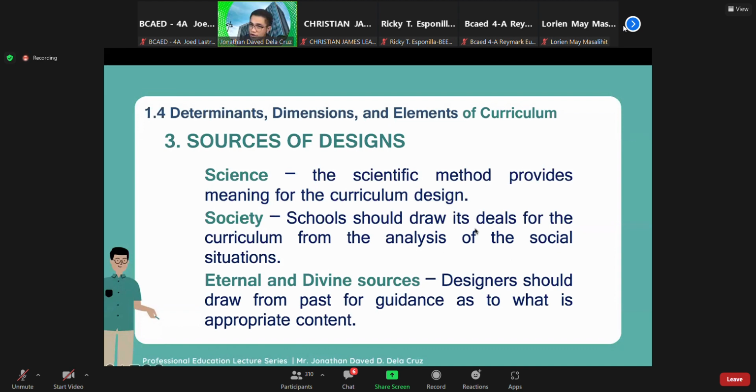And of course, a lot recognizes the divine intervention or divine source, eternal source. Designers should draw from the past for guidance as to what is appropriate for the content, depending again on the belief. Sabihin natin in a country that has a different predominant faith, still naka-adhere pa rin yung curriculum nila doon.